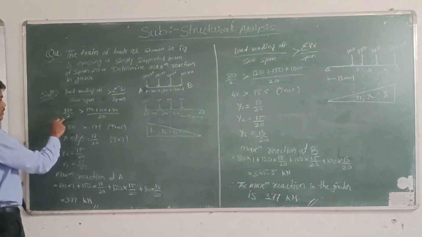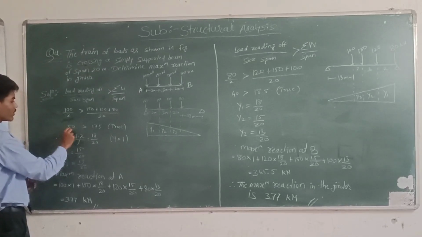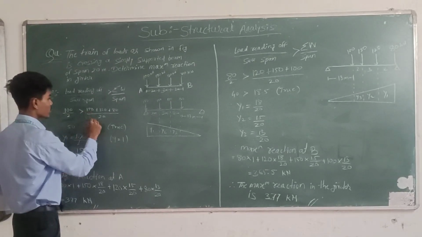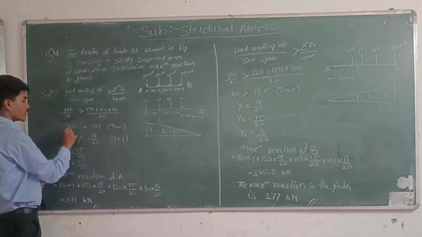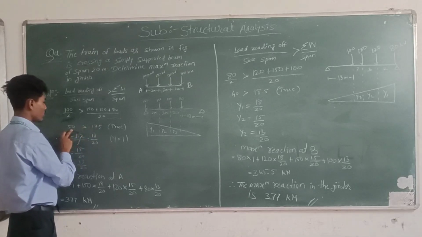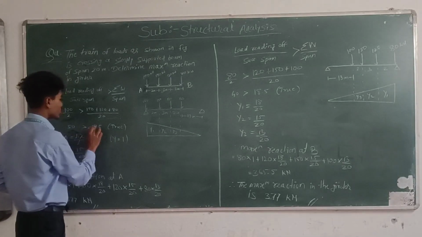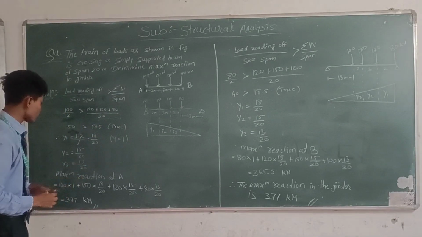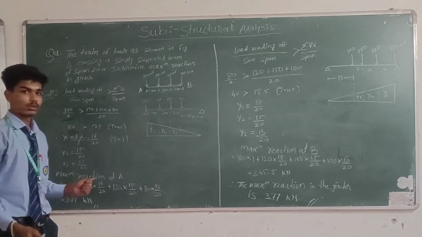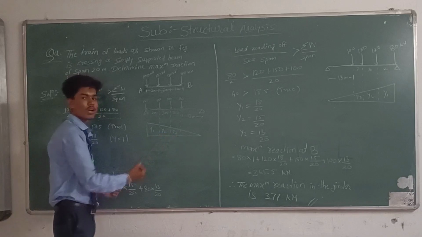After the calculation we get 50 and 17.5, which means 50 is greater than 17.5, so the condition is true.